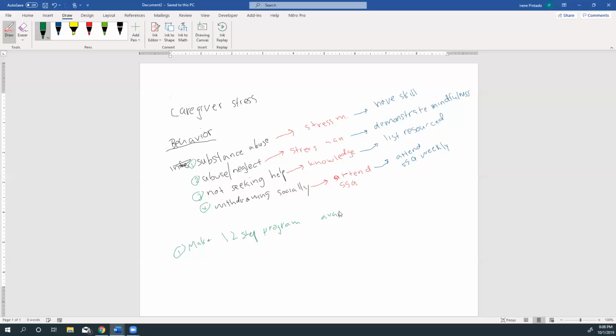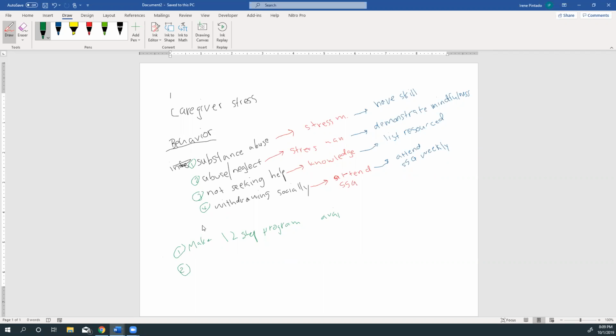Okay, now let's look at 2. The other thing is we haven't even thought about this, right? We're saying we're going to help them deal with abuse and neglect, we're going to teach them stress management, and they're going to demonstrate mindfulness techniques. Well, where and how are we going to offer this?